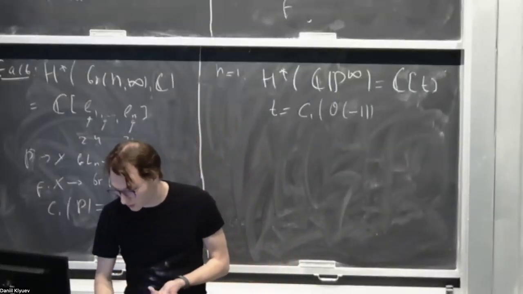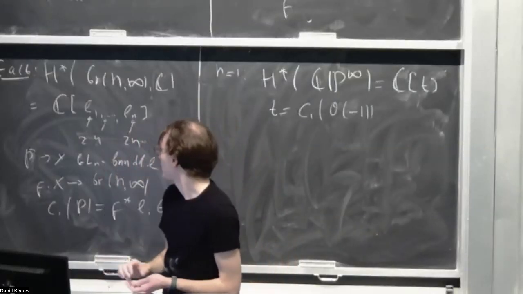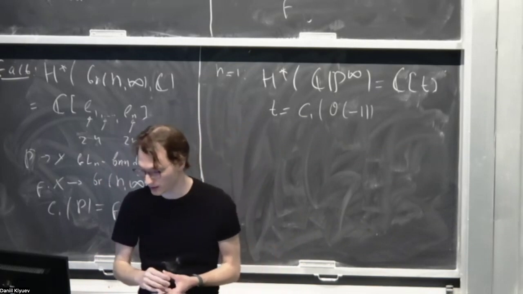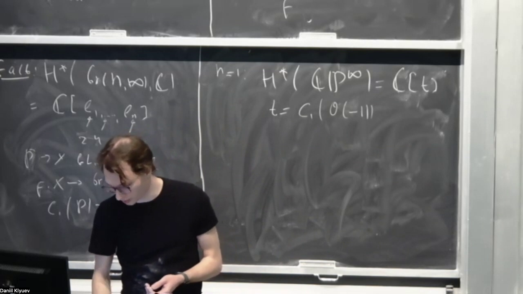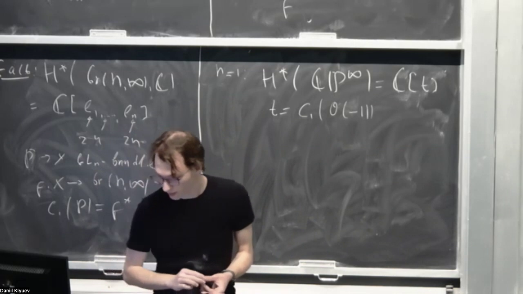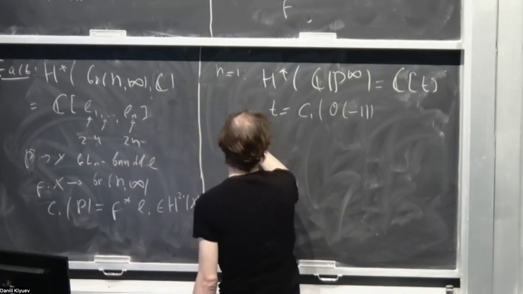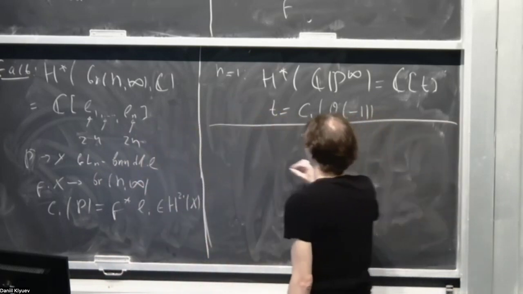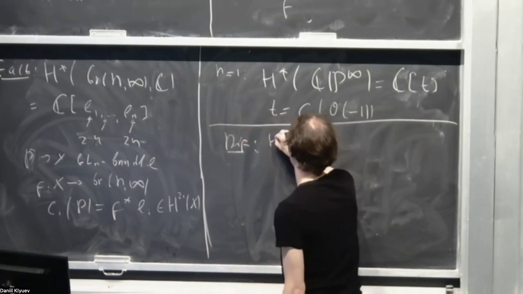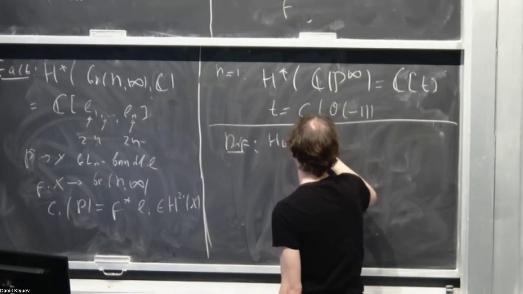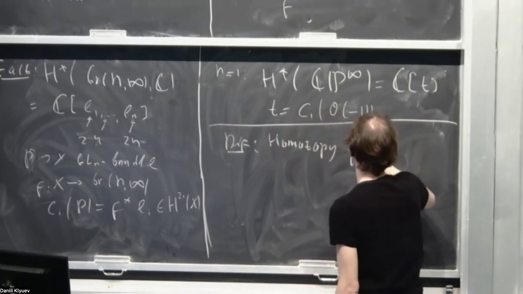Okay, so here we finish the first part of our plan that I just erased. Now we turn to equivariant cohomology. Definition: homotopy quotient.